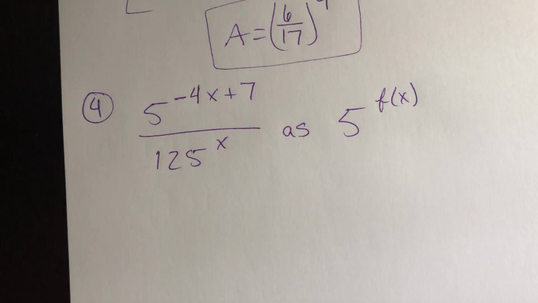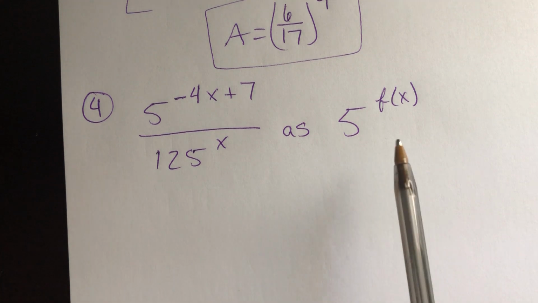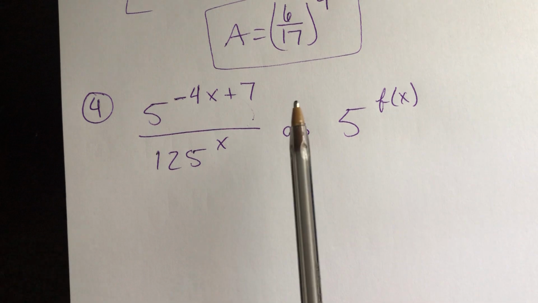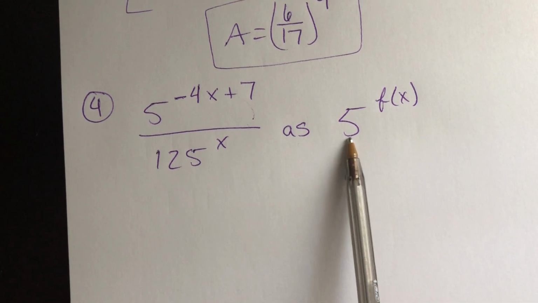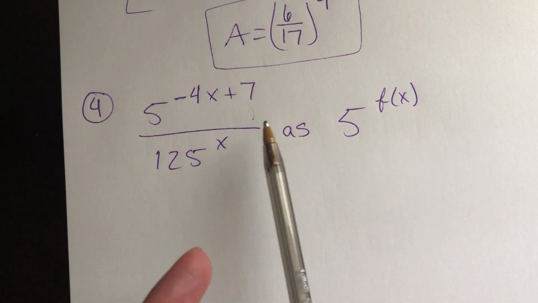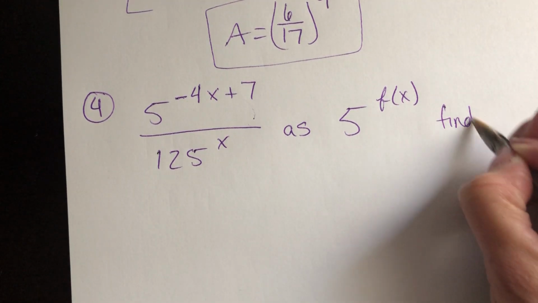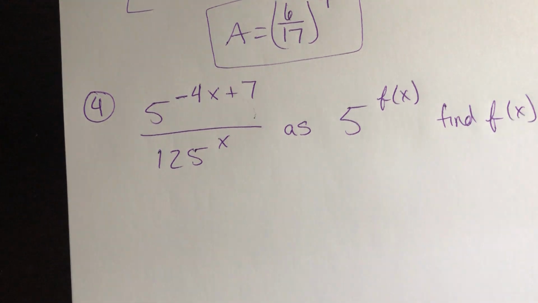You could easily just call that x, same thing. But what we're looking to do is to take this and simplify it down to just the base of 5, and then whatever that exponent is, that's going to be your answer, because we're trying to find the exponent. We're trying to find the f of x there.